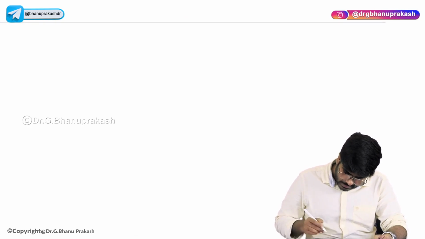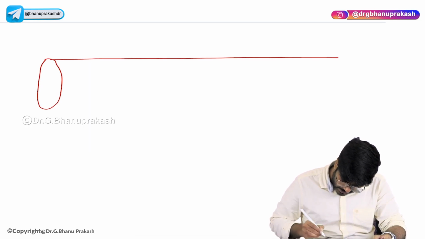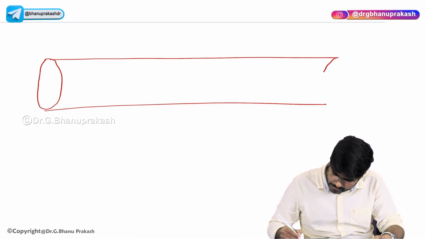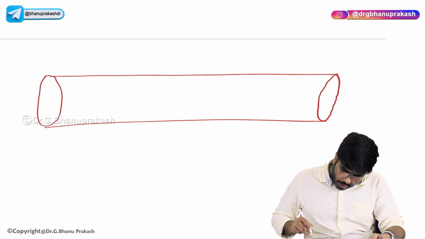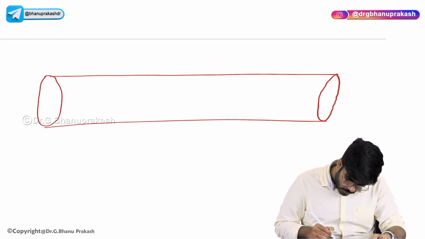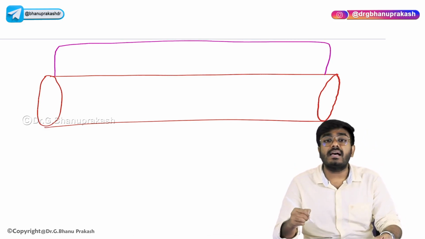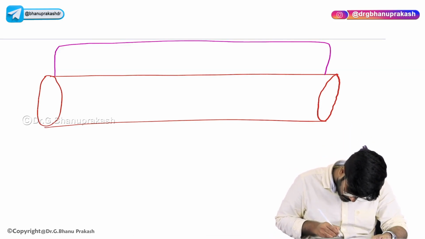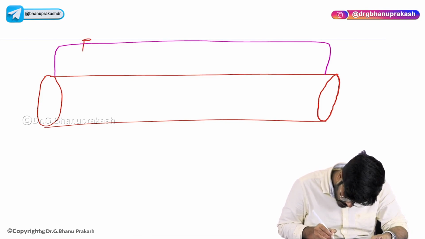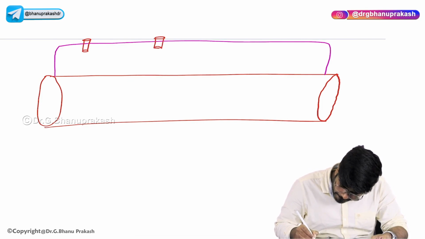To understand that, let me show you a pulmonary blood vessel, or the pulmonary capillary. We all know that these pulmonary blood vessels are surrounded by smooth muscles. This pink cell is a smooth muscle cell. Normally, on the surface of the smooth muscle cells, there are channels called potassium channels.